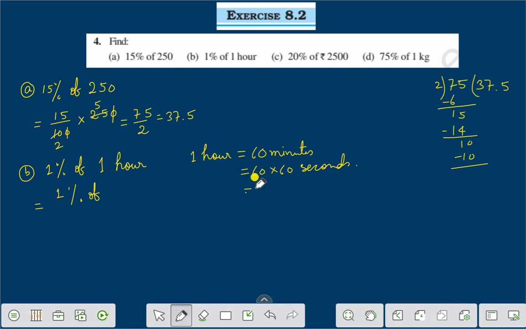That is 3600 seconds. Right? So you are getting 1% means 1 by 100, of means multiply, into 3600 seconds.